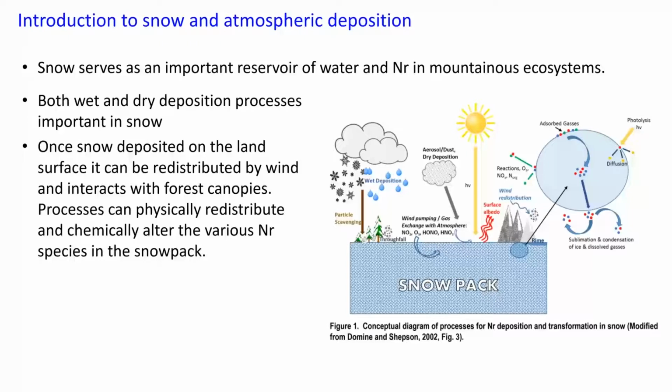So you have wet and dry deposition falling on our snowpack, interacting with our snowpack, but then there's also our snow, especially in complex mountainous environments, undergoes a lot of physical interactions with wind exposure, as well as interactions with forest canopies and vegetation.